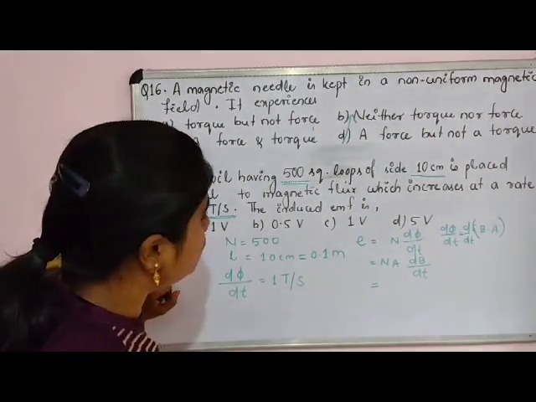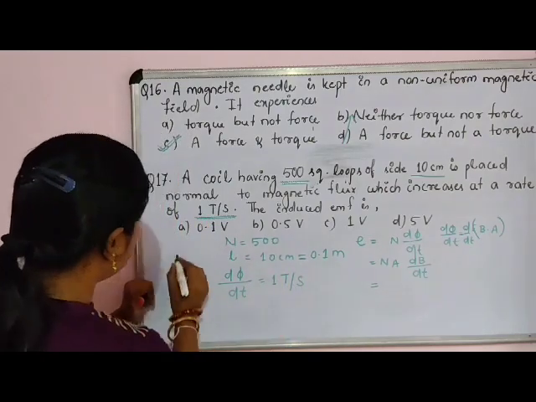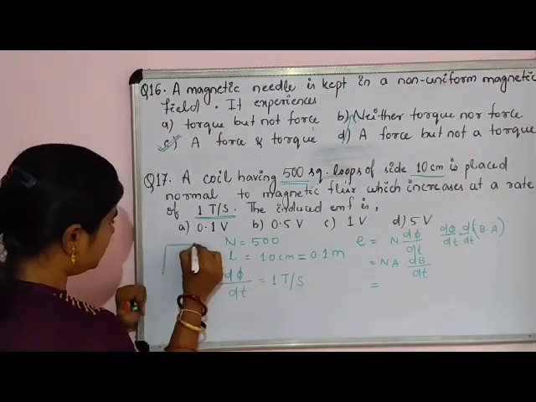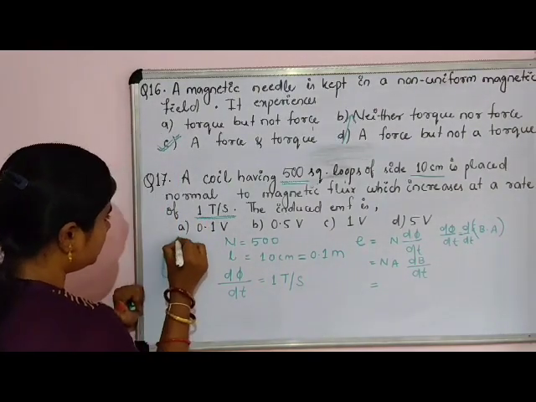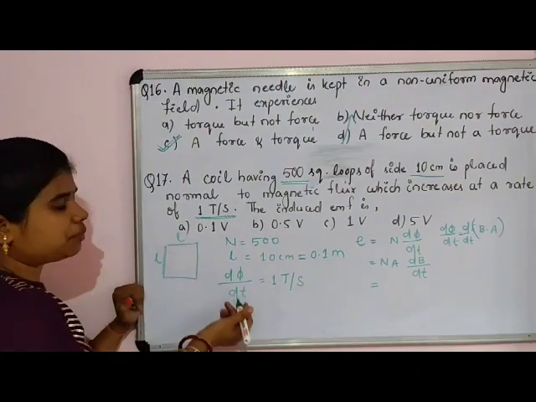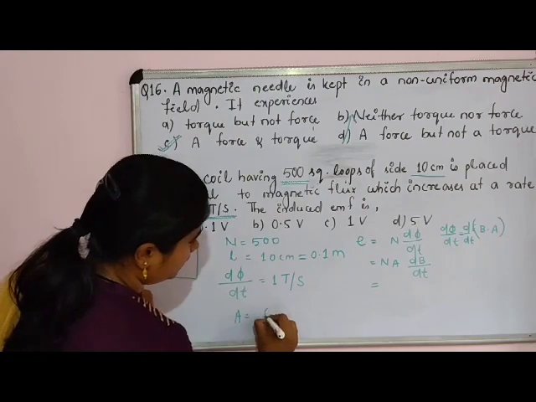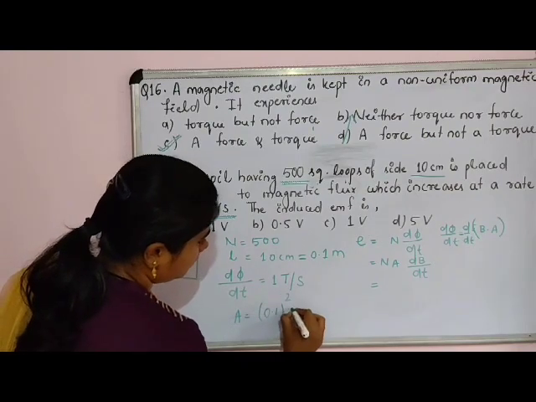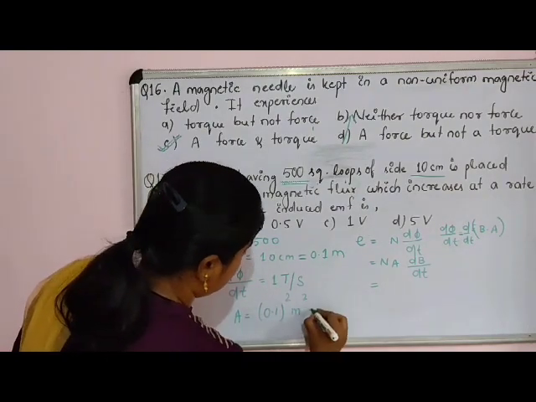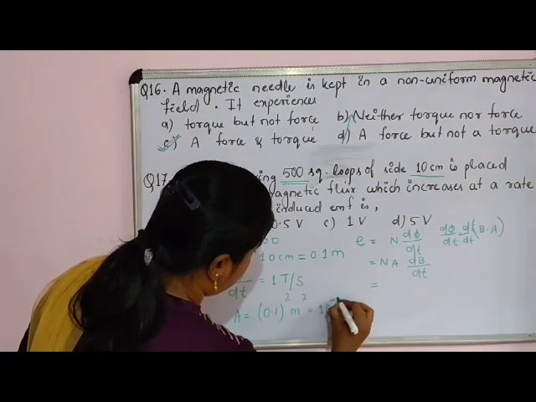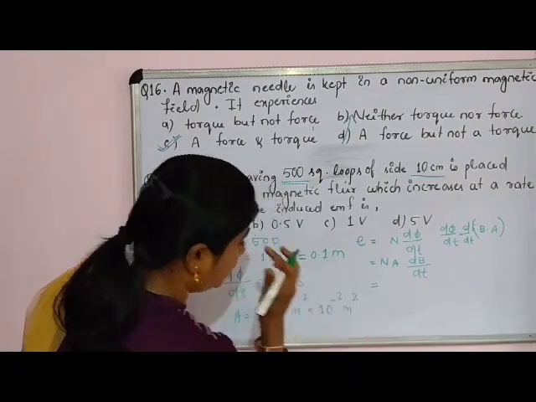This is a square loop, right? This is the loop, this is L, this is L, so L square will be the area. So the area of the loop will be 0.1 squared meter square, so that will be 10 to the power minus 2 meter square.